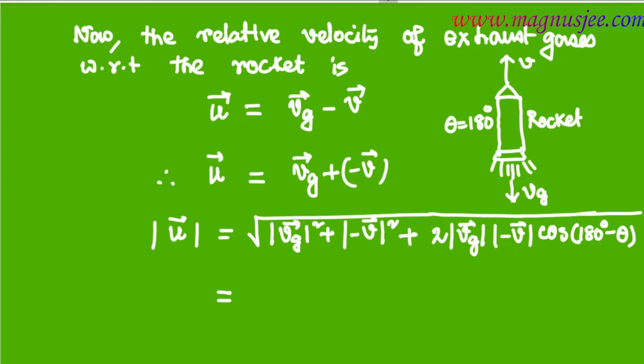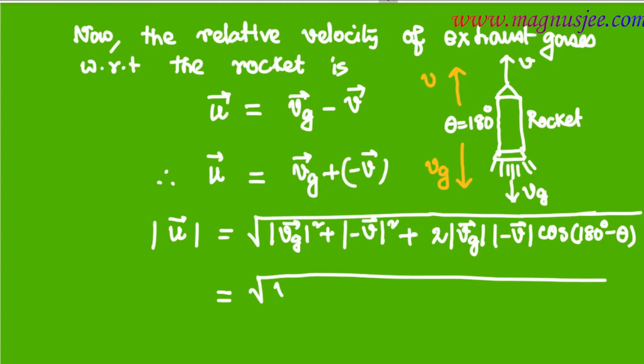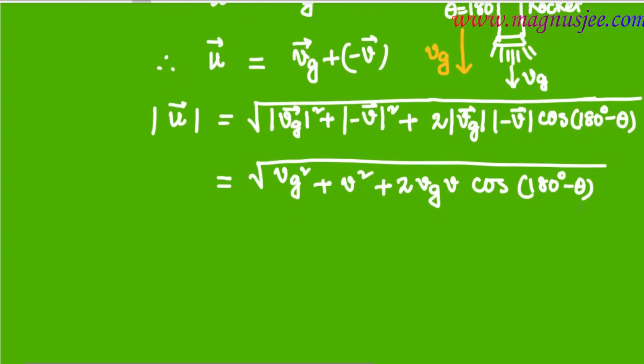That's why theta equals 180 degree, meaning the angle between the directions of vg and v is 180 degree. vg is downward and the velocity of the rocket, v, is upward. So u equals root over vg squared plus v squared plus 2 vg v cos (180 degree minus theta), where theta is the angle between the directions of vg and v.